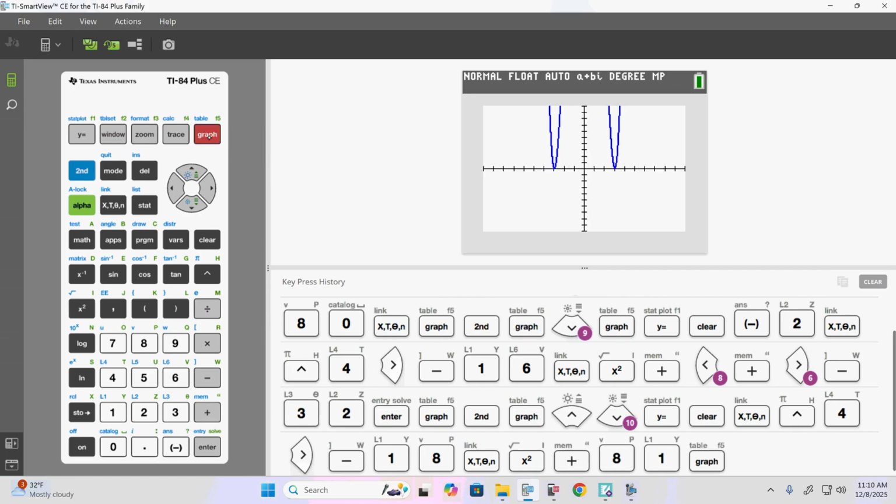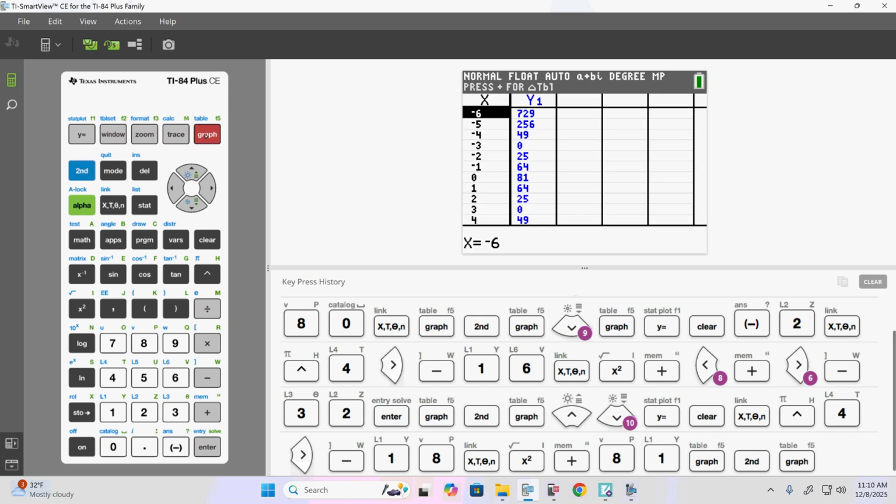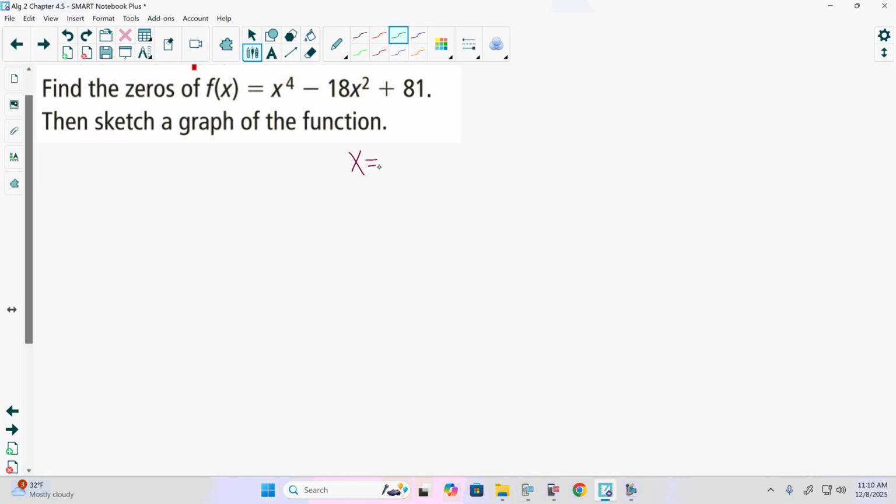And we see that it intersects the x-axis at -3 and 3. As we look at the graph, because it touches the x-axis and does not cross it, we can say those solutions repeat. So it's -3, 3, -3, 3.